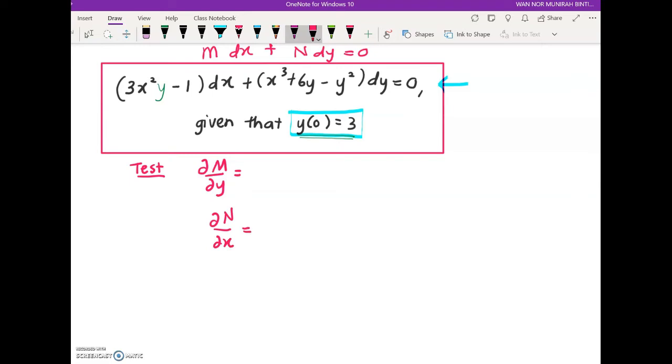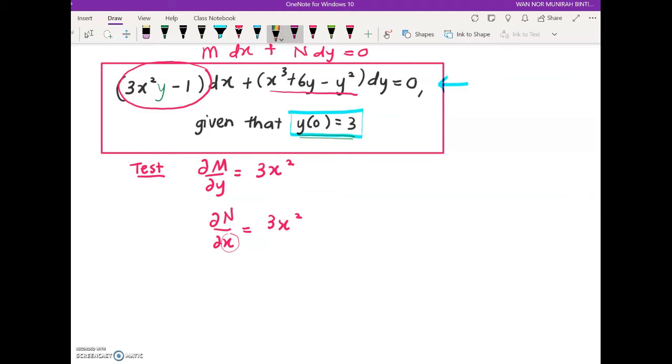Del M del y, so this is our M, differentiate M with respect to y will give us 3x squared. Differentiate our N with respect to x will give us 3x squared also. When we differentiate partially with respect to x, other than variable x, we must treat as a constant. So differentiate constant will give us 0.